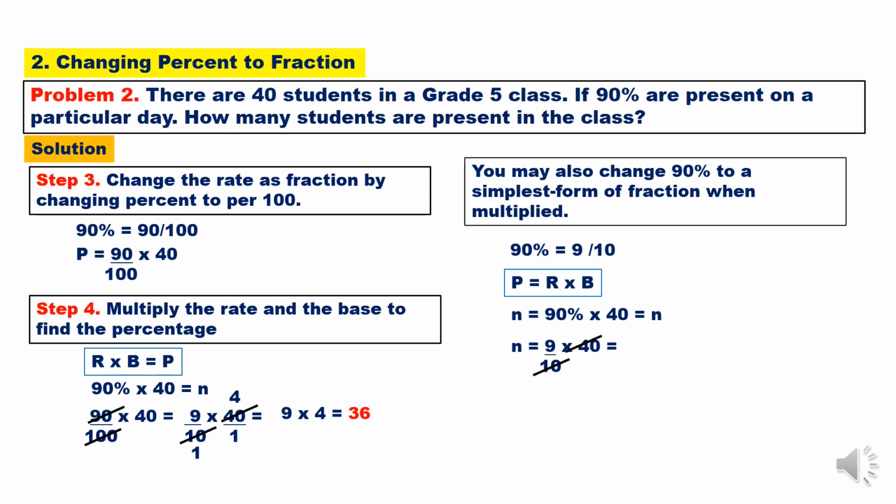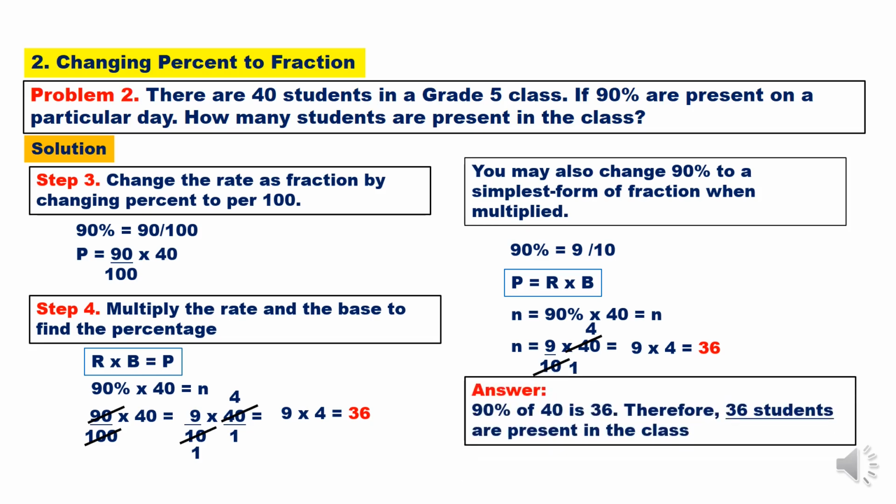Cancel it by dividing by 10, and that is 4 and 1. So 9 times 4 equals 36. So the answer: 90% of 40 is 36. Therefore, 36 students are present in the class.